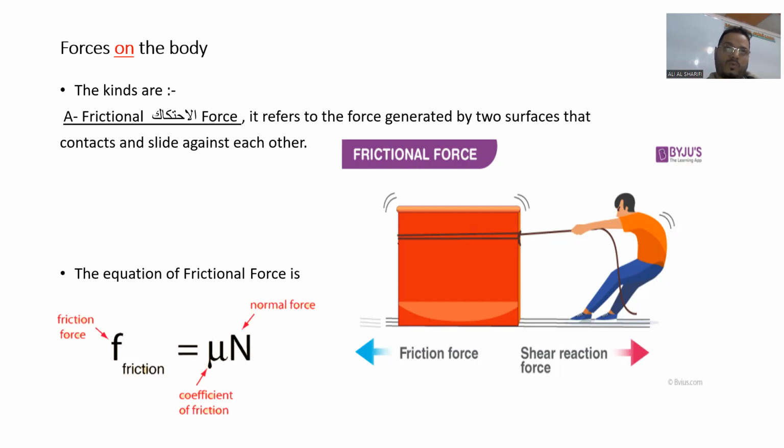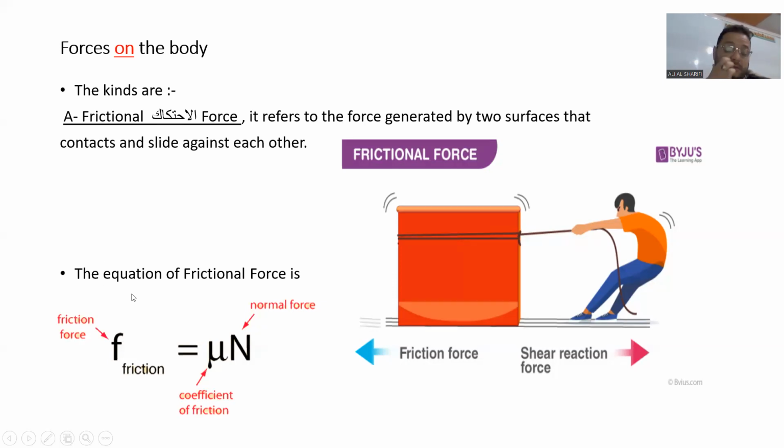That means I will pull this object from a specific direction, and this object will start to resist me in the reverse direction. This picture illustrates the frictional force. Here, the person starts to pull it from this direction, and the object resists in the reverse direction.